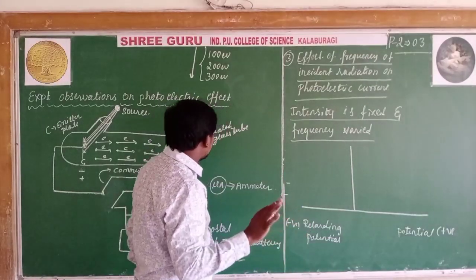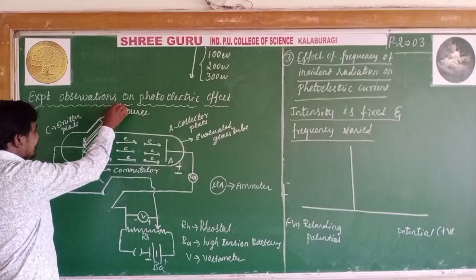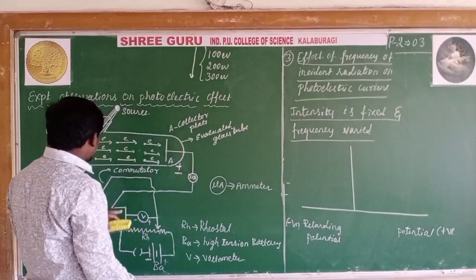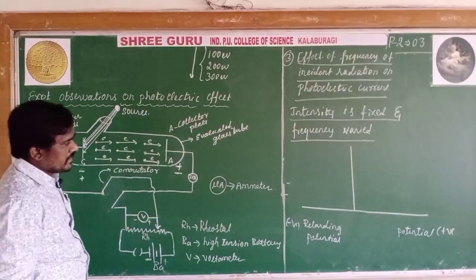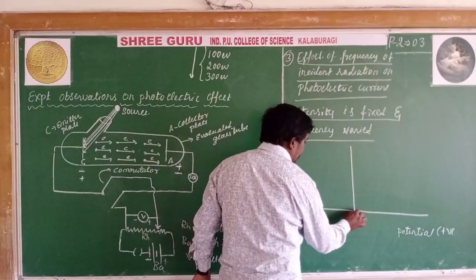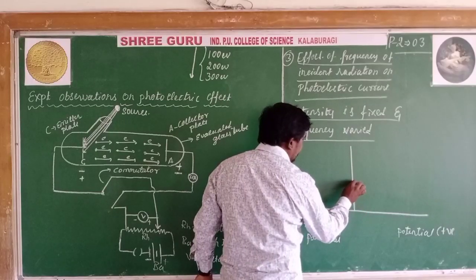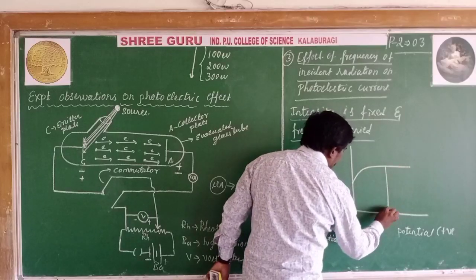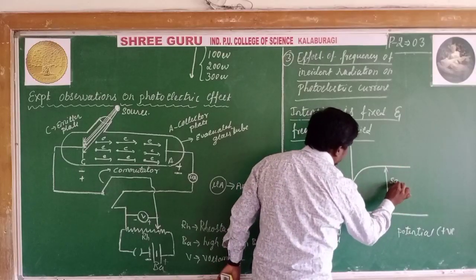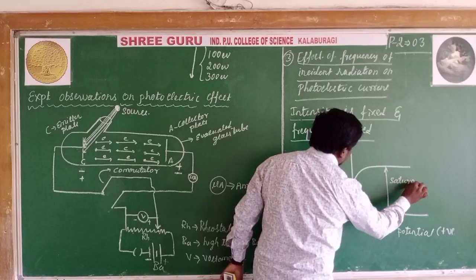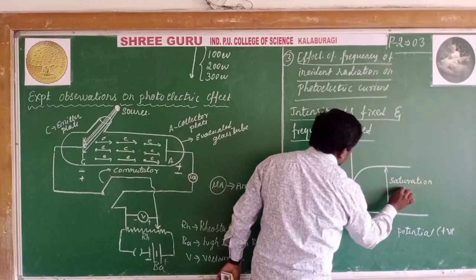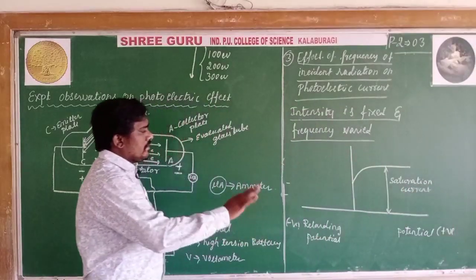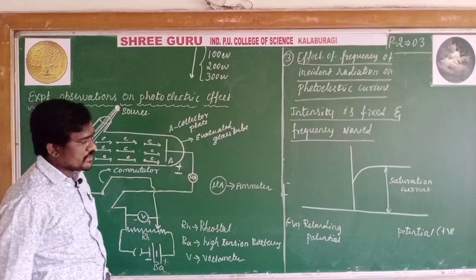Now the intensity of incident light is fixed, with variation of frequency. At a particular intensity the current increases and becomes saturated. The saturation current is reached on increase of positive potential.